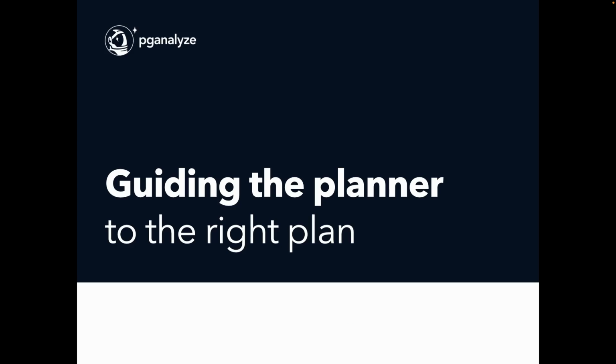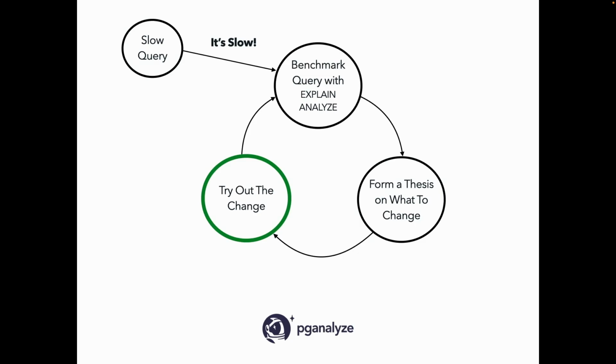Now, let's switch gears a little bit, there's more things to learn, right? I took out a few slides that I think would have made this too long, in terms of how Postgres picks query plans. But coming back to our debugging loop, let's say we have a way of forming a thesis. It might be bad join order, it might be bad index usage, maybe a missing index, maybe you want to try a different version of a query.